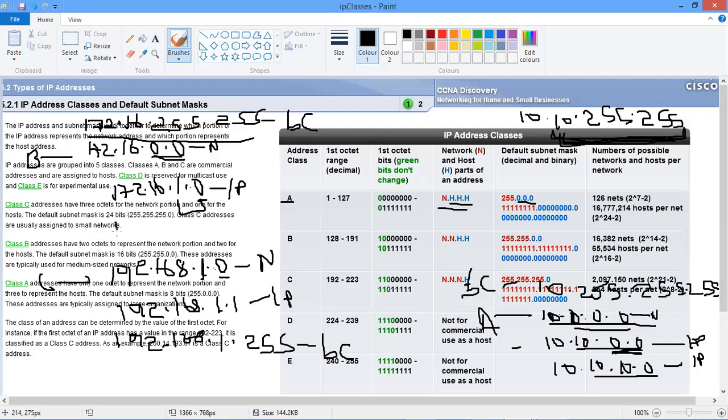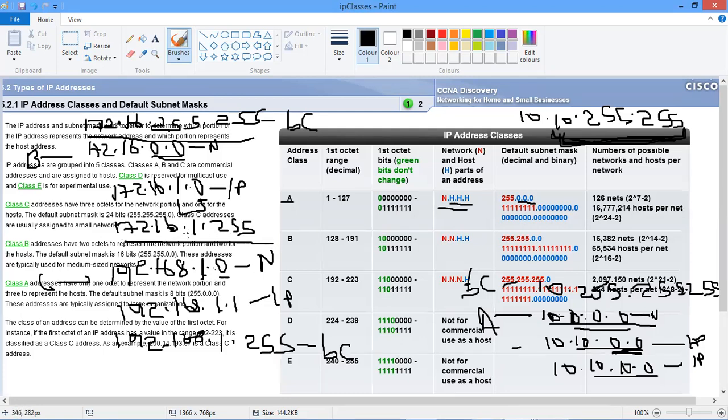The same goes for this: 172.16.1.255. This is an IP address.